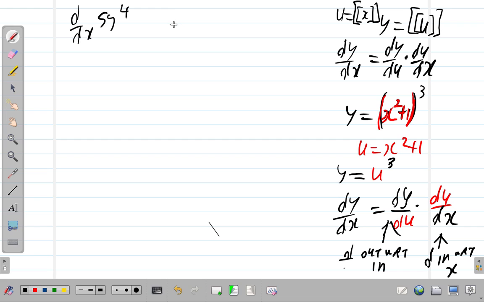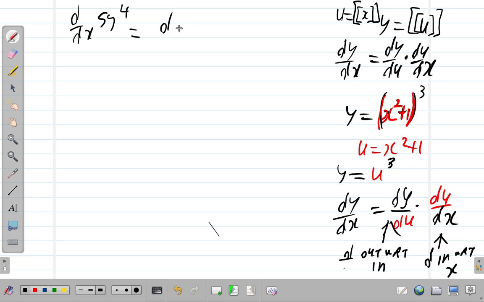So what you will find is the derivative of the outside function with respect to the inside function y.